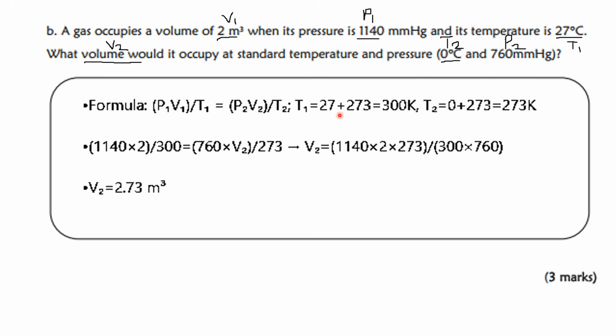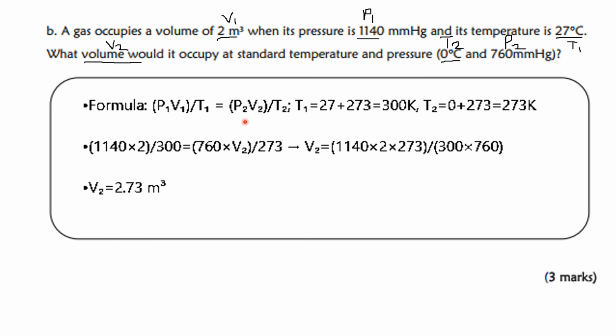Remember, you just add 273 to each of the temperatures. So 27 add 273, you have 300. 0 add 273, you have 273.